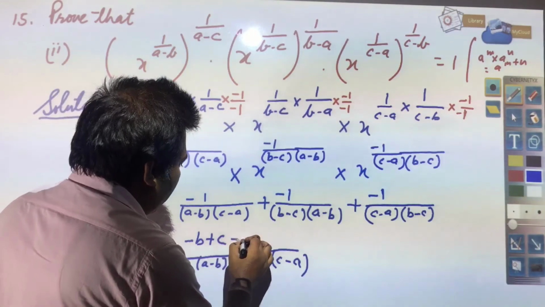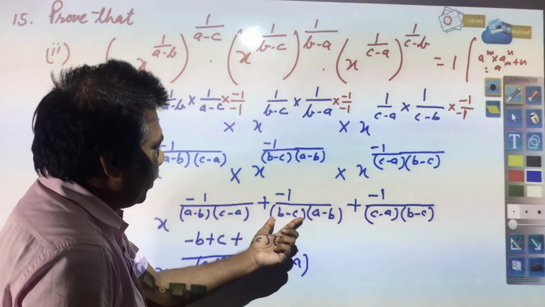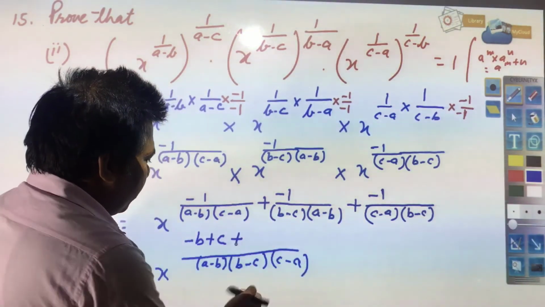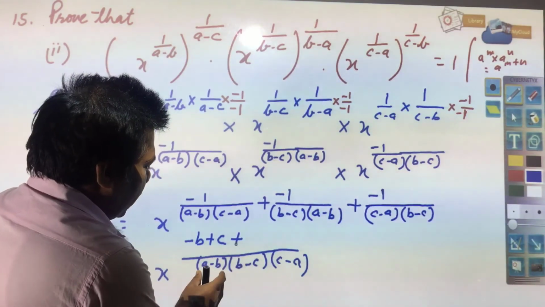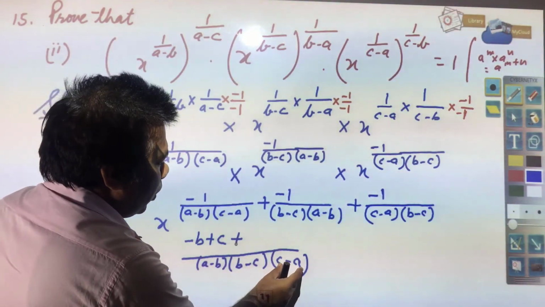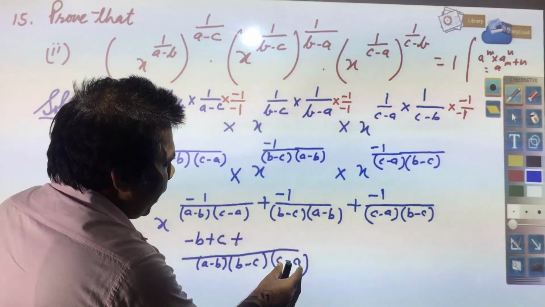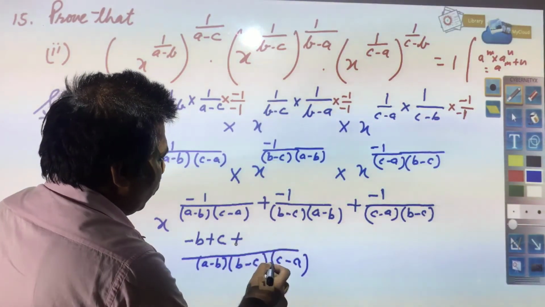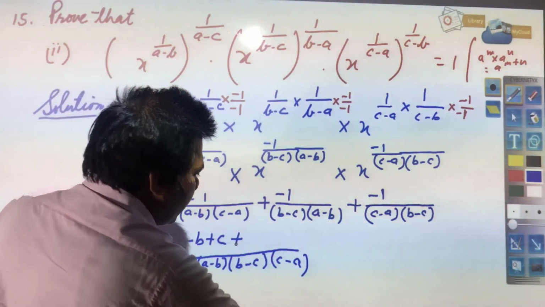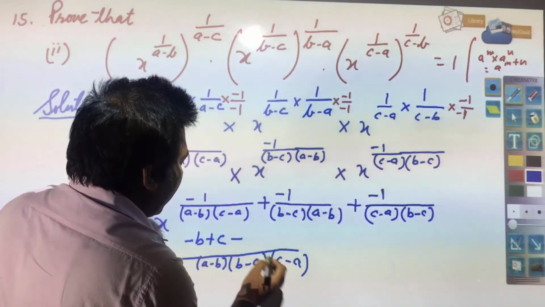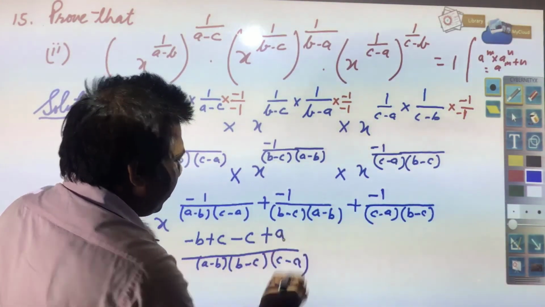In the same way, here b minus c and a minus b will be cancelled. You will be left with c minus a. C minus a into minus 1 will become minus c and plus a.